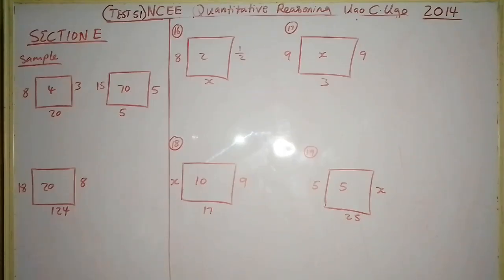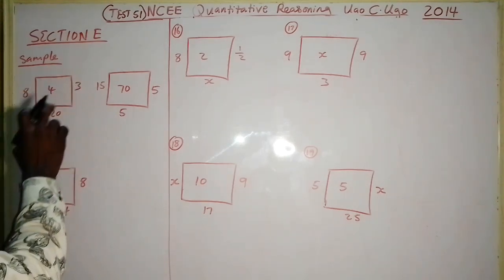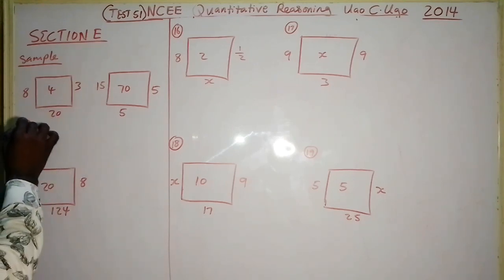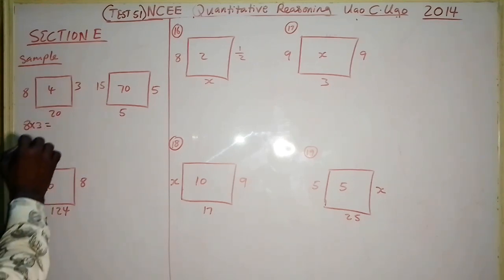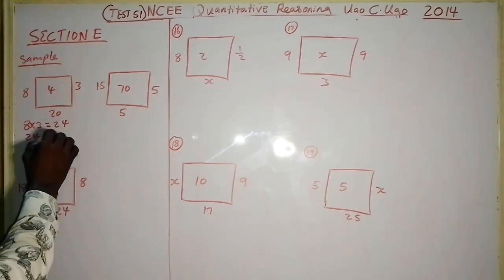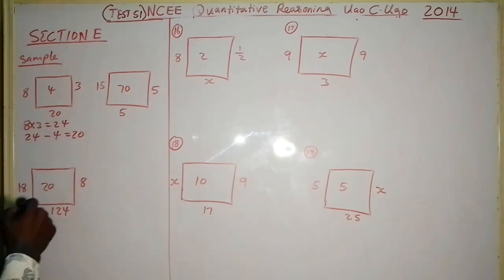Alright, so I want you to pause the video once again to try your own method to get this answer, 8, 4, 3, 20. Either way, we need to do something. We say 8 times 3. 8 times 3 is going to give us 24. And 24 minus this 4 inside is going to give us 20 outside.